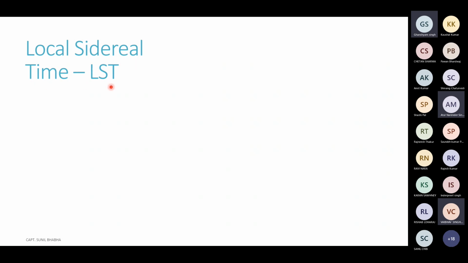So let me first explain what local sidereal time, also known as LST, means. LST is the westerly hour angle of Aries measured from the observer's meridian. Let me show you with the help of a diagram.